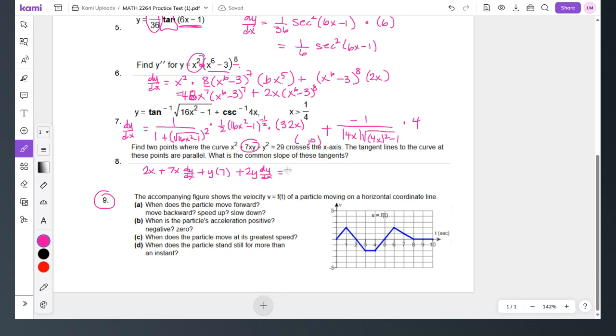So remember, every time you take the derivative of y, we have to put dy dx. All right, so I have 2 dy dx terms, so I'm going to keep those on this side, so 7x dy dx plus 2y dy dx equals negative 2x minus 7y. And then factor out the dy dx.